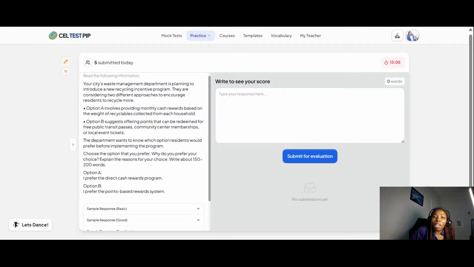For me, if you are redeeming points, if they are using points that can be used at a community center, the first thing that came to my mind is that this will encourage people to live a healthy lifestyle, because if you're going to the community center, they have a gym.